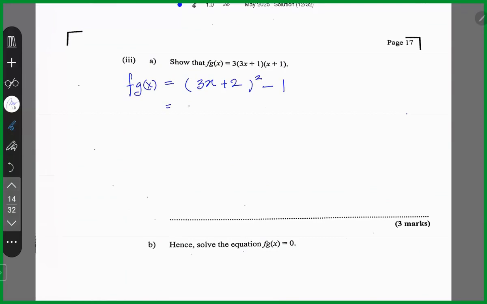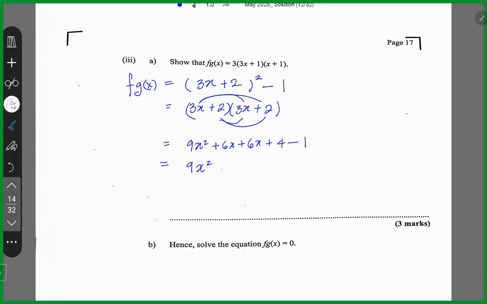This becomes 3x plus 2 times 3x plus 2. 3x times 3x is 9x squared. 3x times 2 is 6x. 2 times 3x is 6x. 2 times 2 is 4, minus 1. Now we have 9x squared plus 12x plus 3.